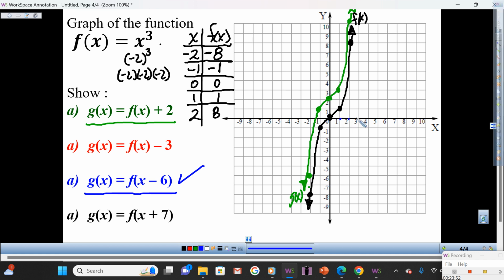So therefore, 1, 2, 3, 4, 5, 6. And 1, 2, 3, 4, 5, 6. 1, 2, 3, 4, 5, 6. And we label that g of x.